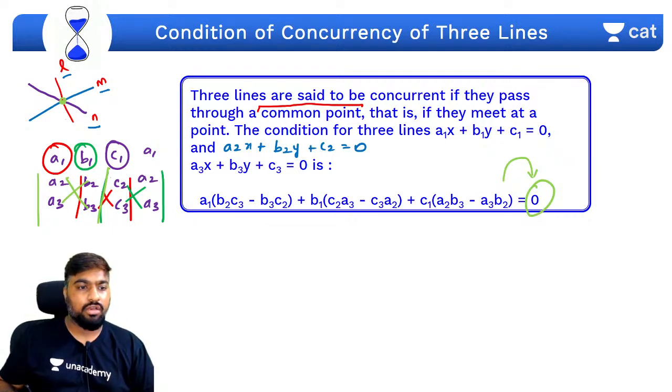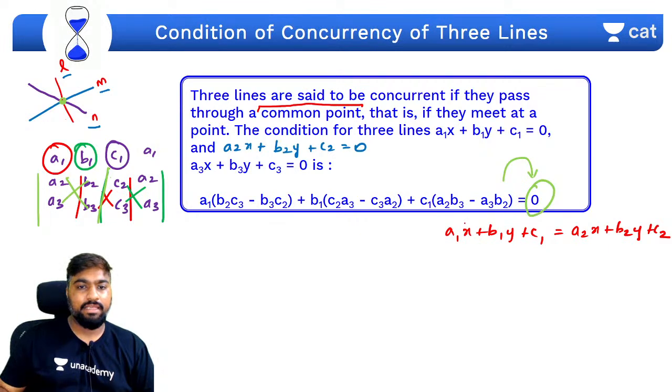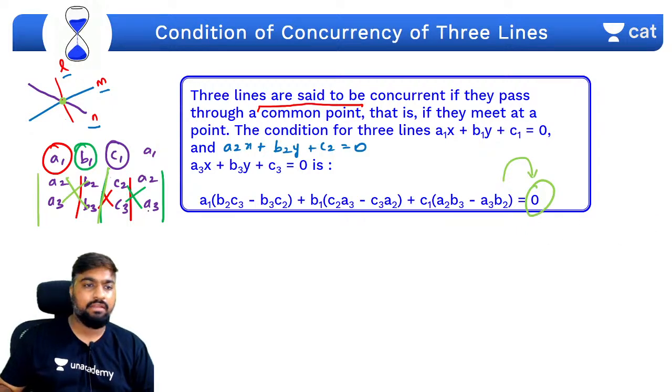If you want to talk about two lines being concurrent, it basically means that they should have a common point, right? a1x plus b1y plus c1 should be equal to a2x plus b2y plus c2 if I equate them, which basically means I'm equating their common x and y's. So if their x and y's are equal, then it basically means that these lines are concurrent.